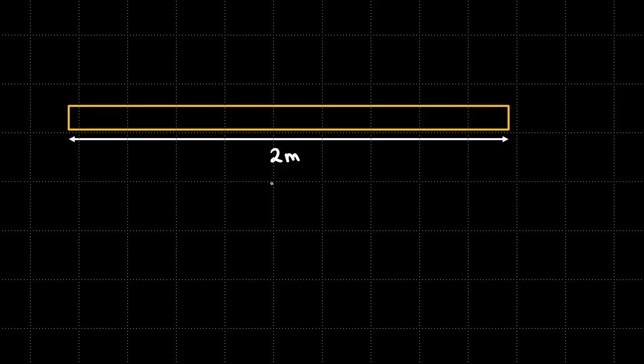We know that 1 meter is 100 centimeters, so we can say 200 centimeters, or 2000 millimeters. There are various ways to express the same length, and they are equivalent. So when doing measurement and talking about physical quantities, we must state both the unit as well as the numeric value.